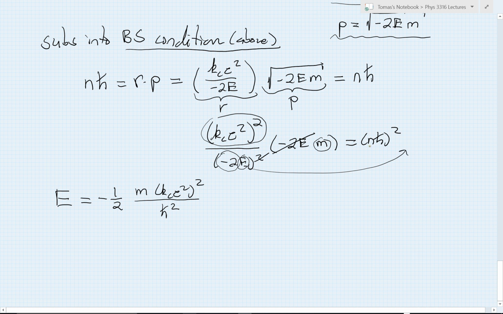It also gives me a 1 over n squared. So this is looking very exciting. This is for n equals 1, 2, 3, etc. This is looking very exciting because it's going like minus something over n squared. The big question now is, okay, what is the value of this combination of constants? What is this?